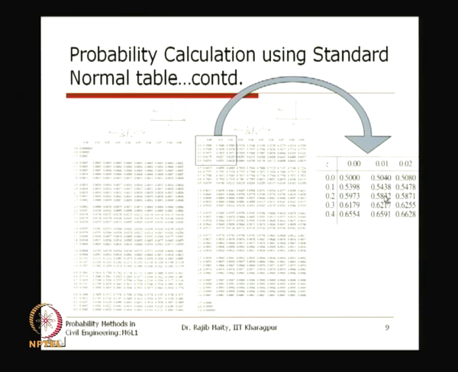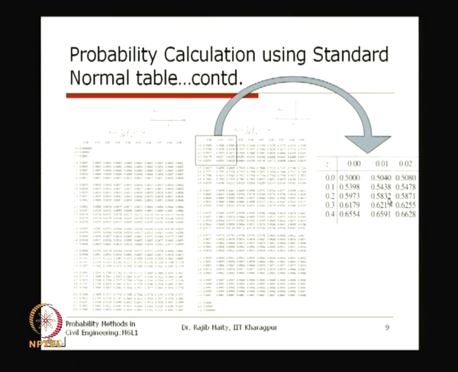So 0.5832 that you can see here corresponds to z equals 0.21, the second decimal point. So at z equals 0.21, the value is 0.5832.